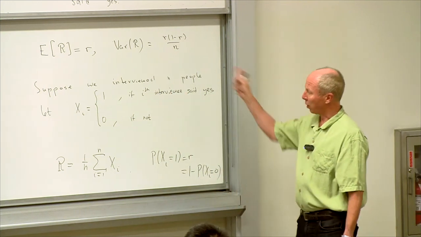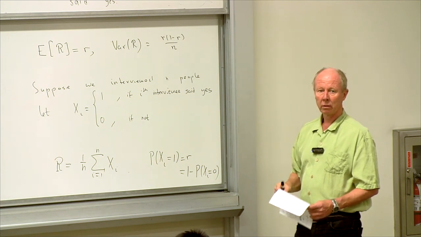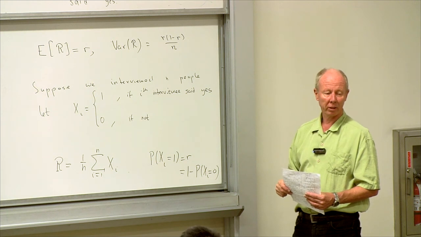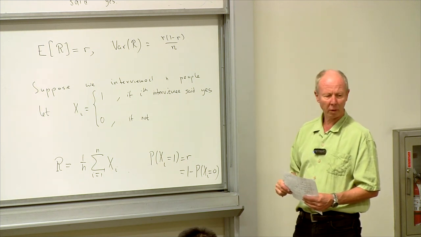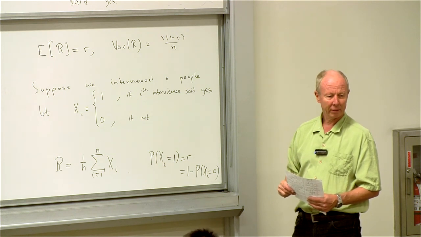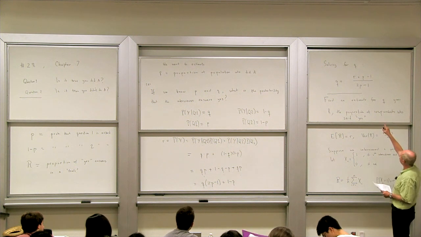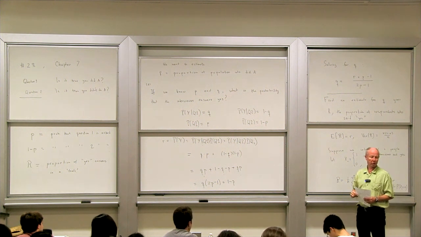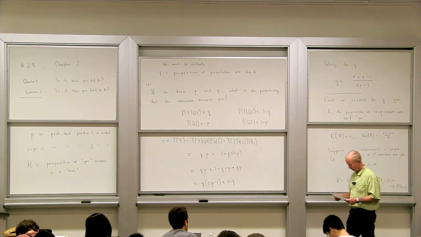Okay, so I think that was part B of this question. Or was it C? Part C. What was part B? Oh, find Q. Okay, all right, so that's part B. Here's part C. And then part D is find an estimator for Q. Is that right?